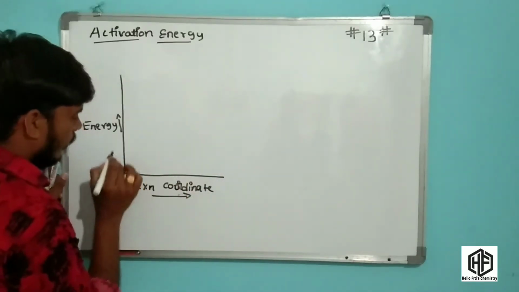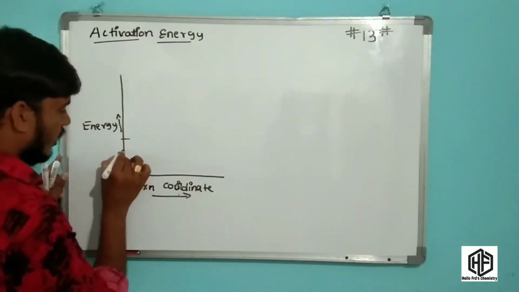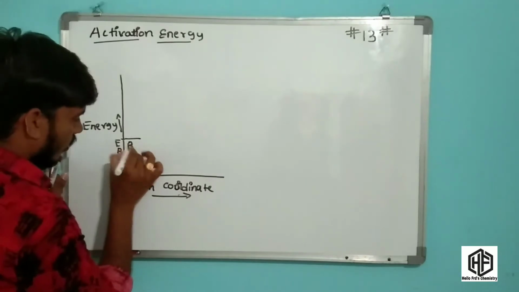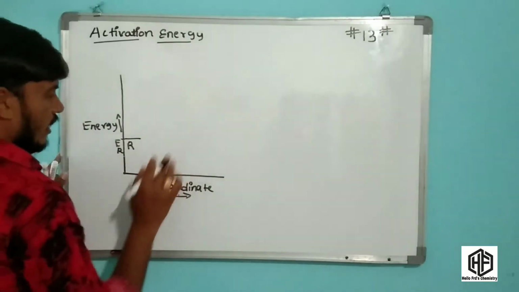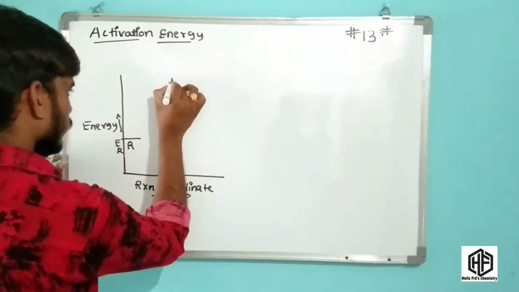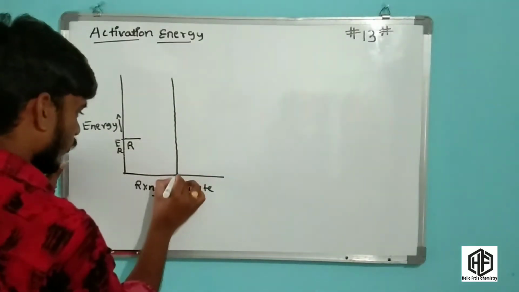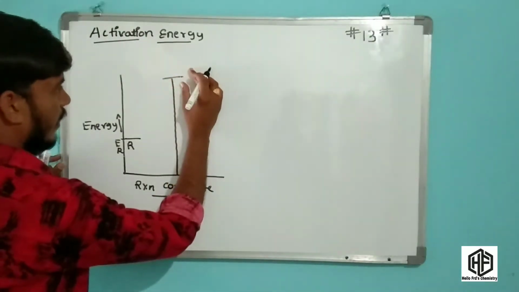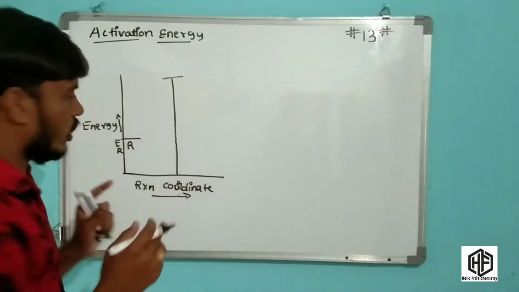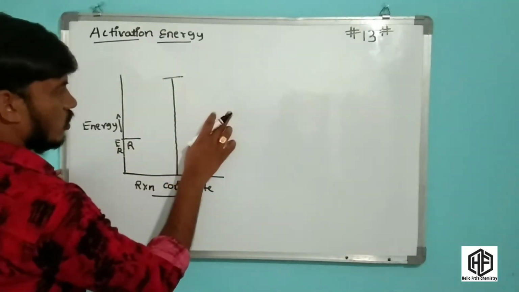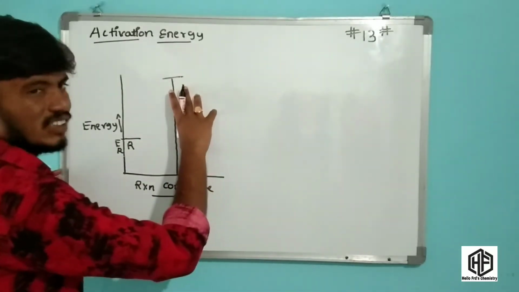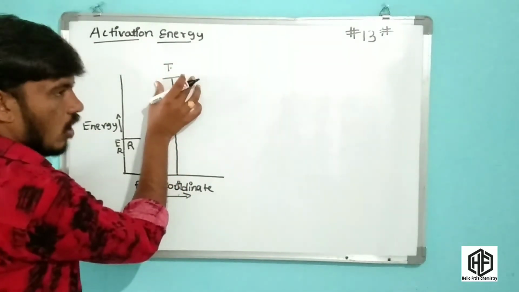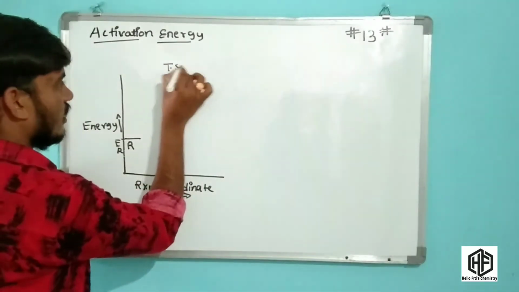Initially the reactants' energy is here, and this is the minimum energy. This energy is called the threshold energy. Reactants are converted to the product through this point, which is called the transition state, or activated complex.